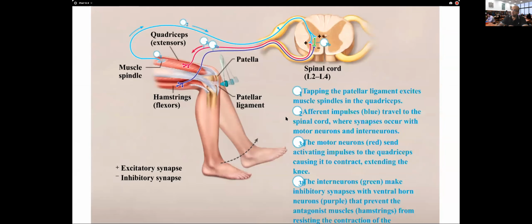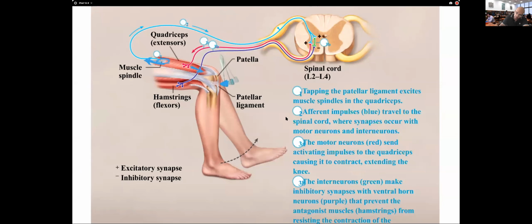Example here is when you tap on the tendon, on the patellar ligament. When I tap on the patellar ligament, what happens? I'm stretching the quadriceps muscle. And once the quadriceps muscle got stretched, it's going to be detecting this stretch through the muscle spindle.